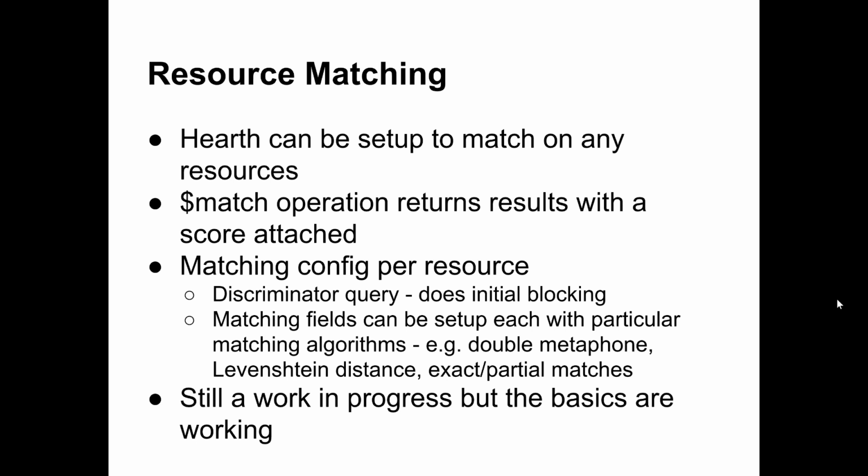So it's an initial blocking query to get it down from a large search set to a smaller space to search, and then we do the more complex algorithms on the smaller search sets and come out with a list of results and scores attached to them that we can return to the user to say how close something was matched, or if there weren't any potential matches. So again, this is a work in progress, but we have some of the basics of this working, and we hope to expand on it in the future because we think it can be pretty powerful given the correct implementation.